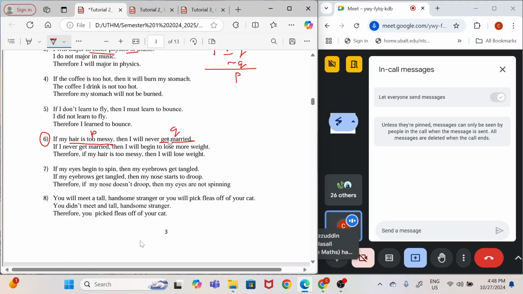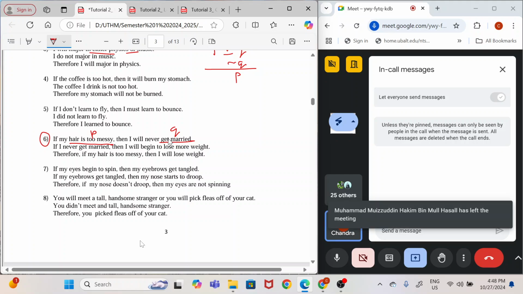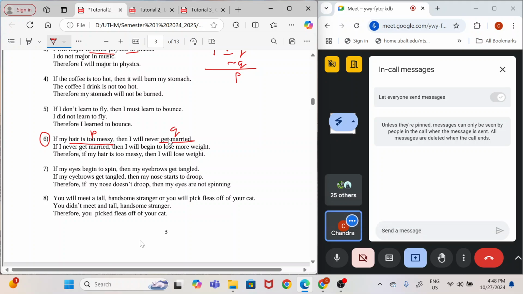Get married is Q. Try 6 now. There's another one, I guess. Get hair too messy, get married, and lose more weight. You can put this as R now. Okay, you have 3.